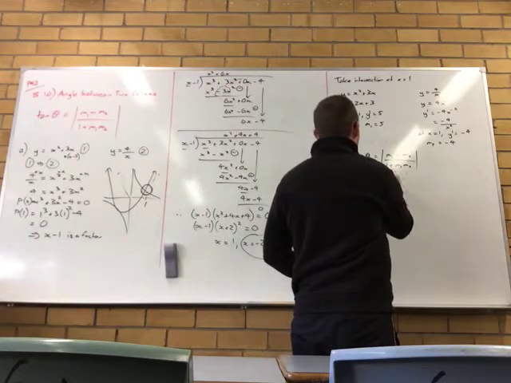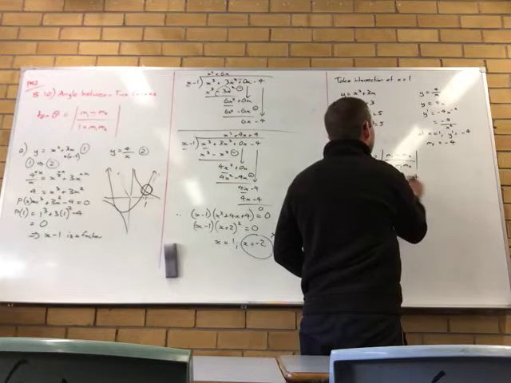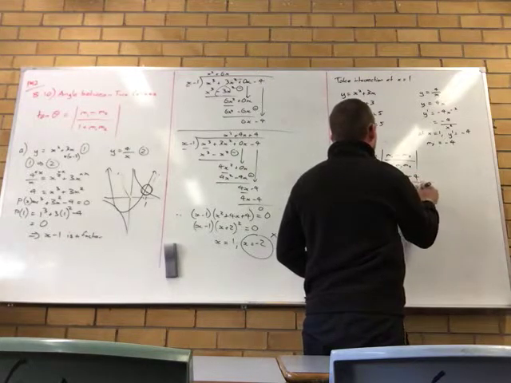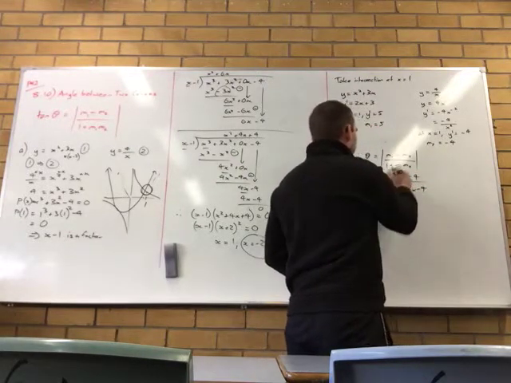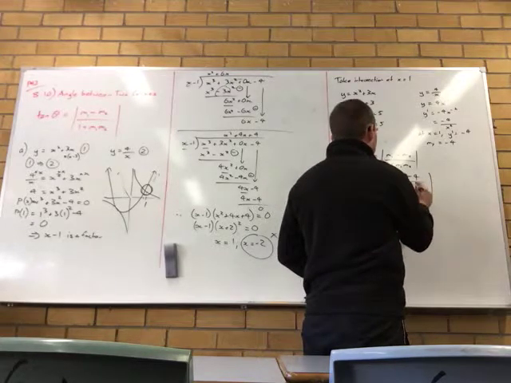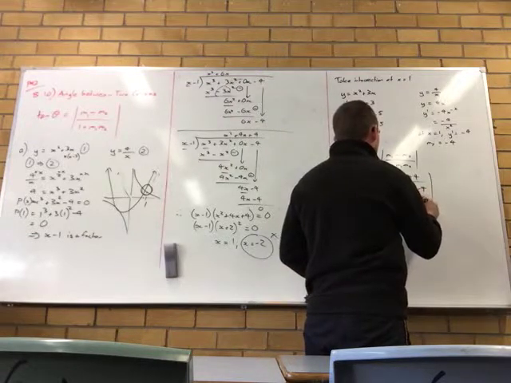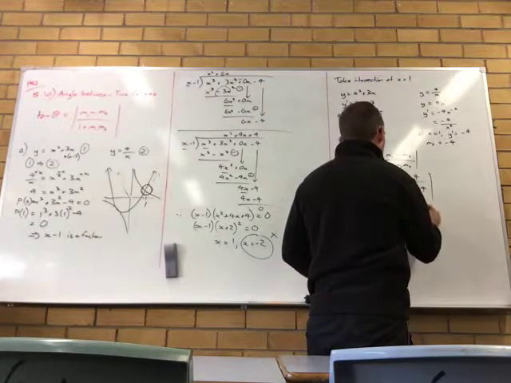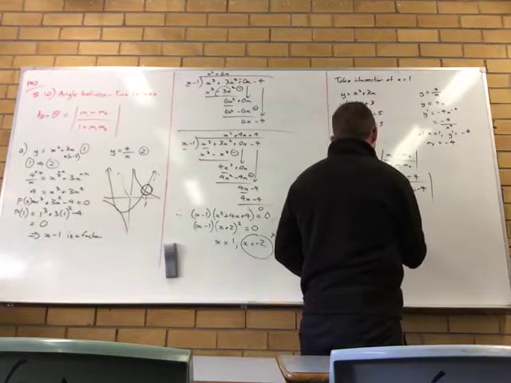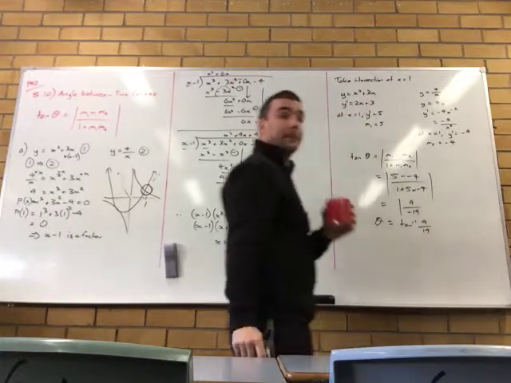So it equals 5 take away negative 4 over 1 plus 5 times negative 4. So it's going to be the absolute value of 9 over negative 20 plus 1, negative 19. So theta is going to be tan inverse of 9 over 19.